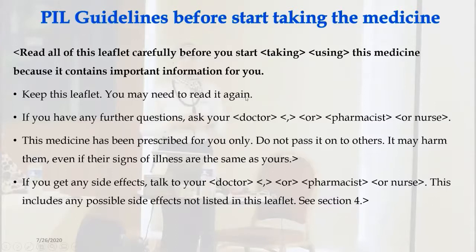Keep this leaflet, you may need to read it again. If you have any further questions, ask your doctor or pharmacist or nurse. This medicine has been prescribed for you only. Don't pass it on to others. It may harm them even if their signs of illness are the same as yours. If you get any side effects, talk to your doctor or pharmacist or nurse. This includes any possible side effects not listed in this leaflet, see section 4.